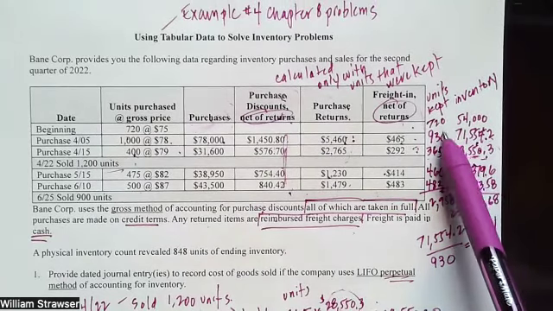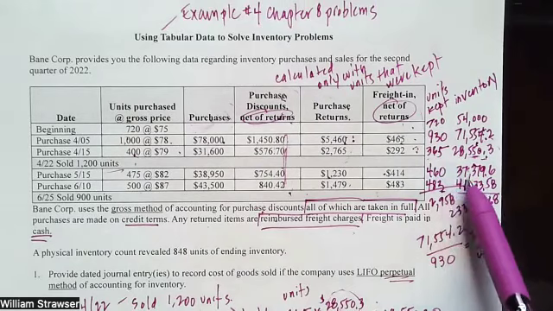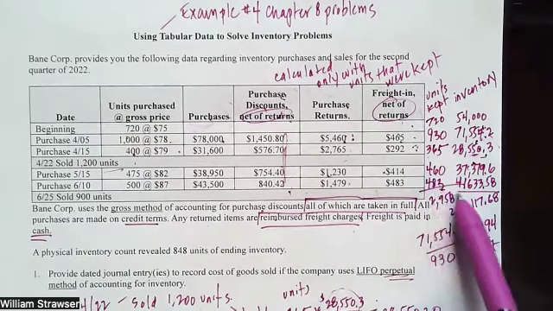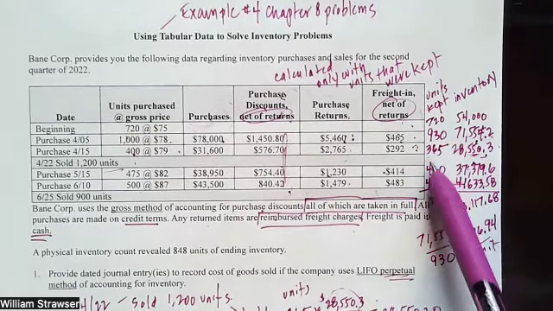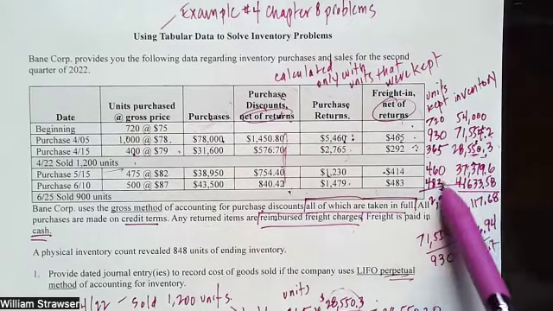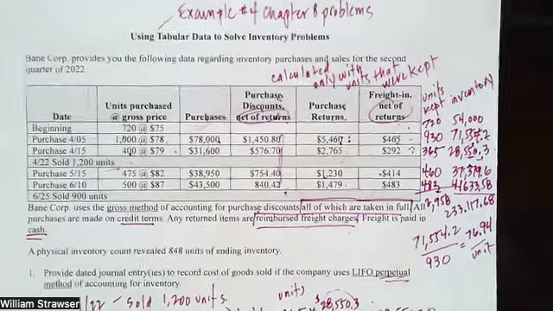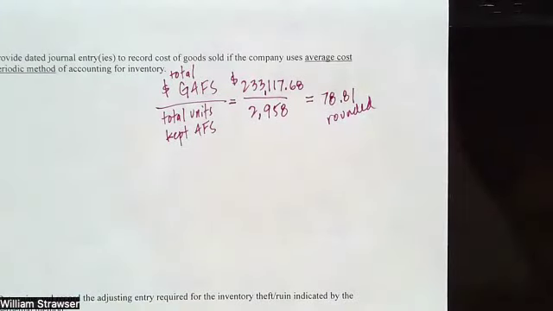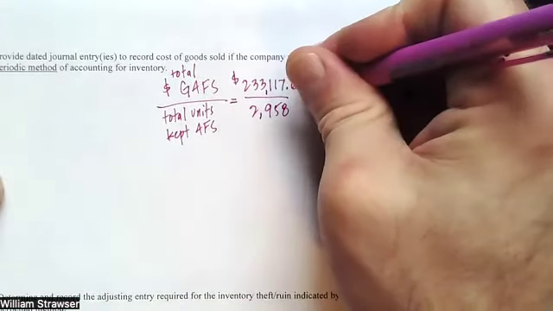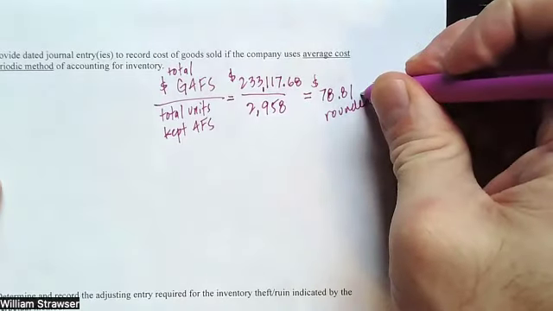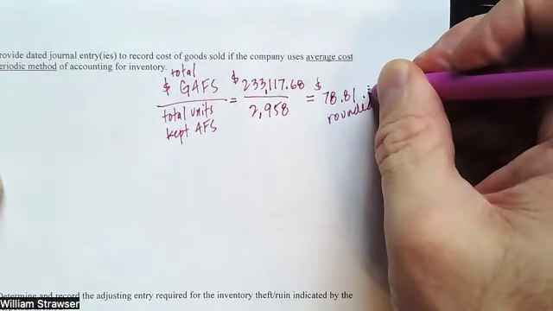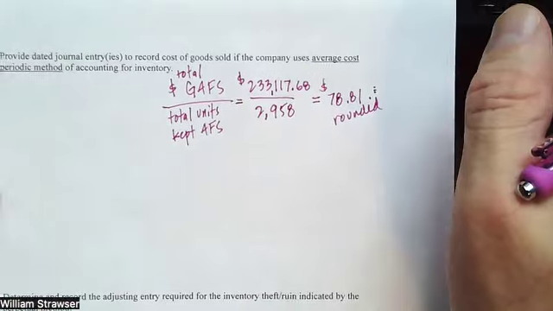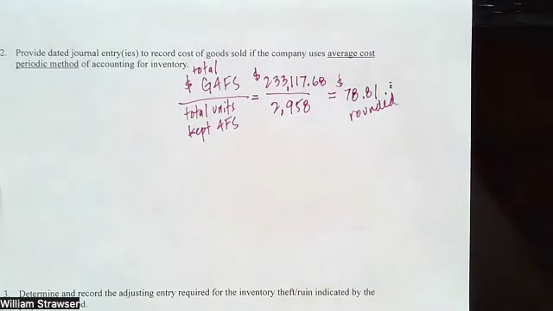If we take this divided by that, this divided by that, get the price per unit of all these items, it should be a weighted average price of those things, just to give you a bit of a sniff test to determine whether your average cost is way off. But remember now, this is the price we're going to assign to every single unit regardless, right? That's what the average cost method tells us to do.